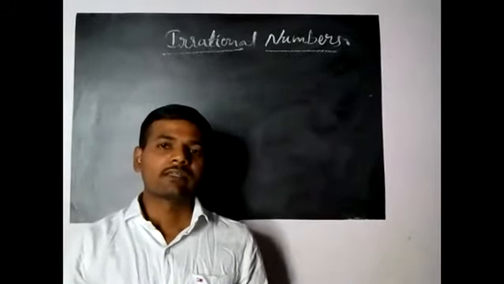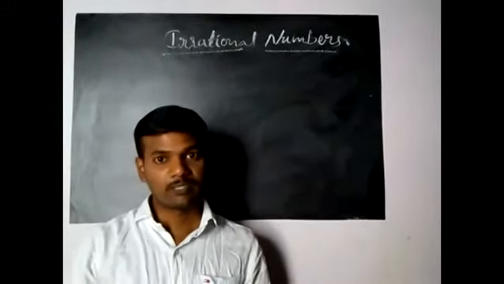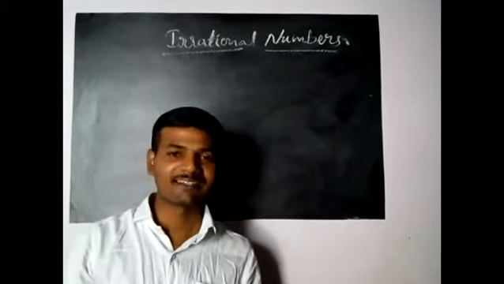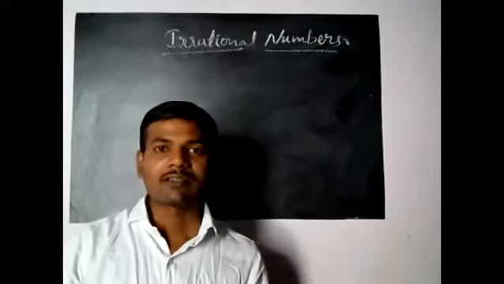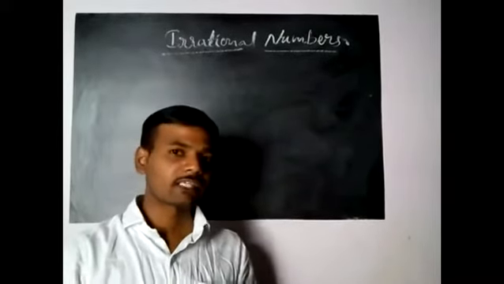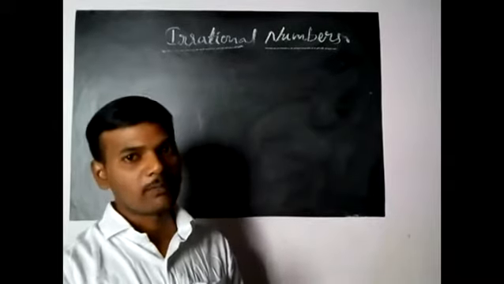As you know, rational numbers are of the form p by q, and irrational numbers are the numbers which cannot be expressed in the form of p by q.